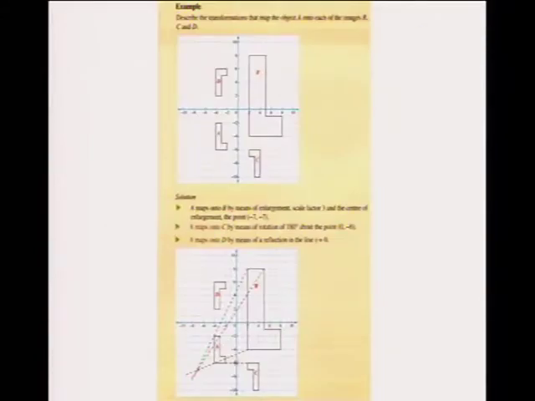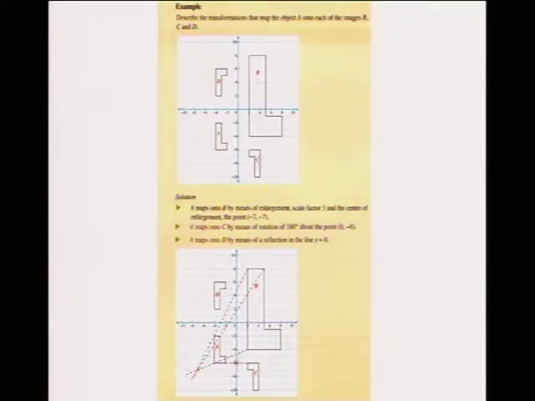And there you see some transformations, the one mapping onto another one. For example, the first one, A maps onto B by means of enlargement. The scale factor is 3, and the center of enlargement is the point (-7, -7).